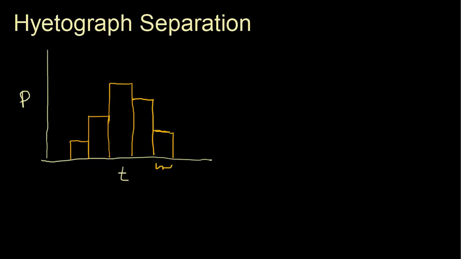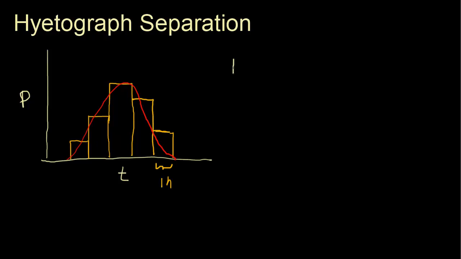Maybe let's say this is 1 hour, for example. So instead of having a continuous record of precipitation during the storm event, what we have are sum totals over fixed increments of time. And that creates a bar graph approximation to the real hyetograph, which might look something like this. It doesn't really matter because the idea is the same.